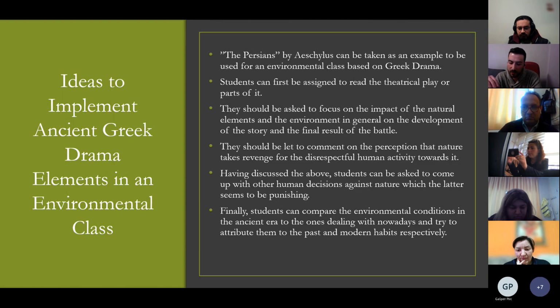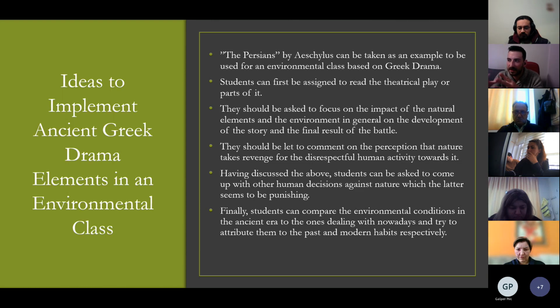For example, the part where Darius learns about the bridge that Xerxes tried to construct in order to pass through Hellespont. Then they could be asked to focus on the impact of the natural elements and the environment in general on the development of the story, and of course the final result of the battle.